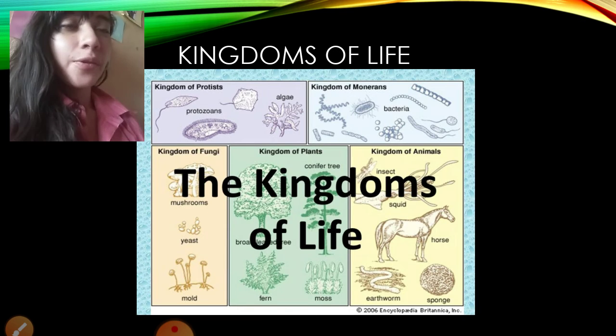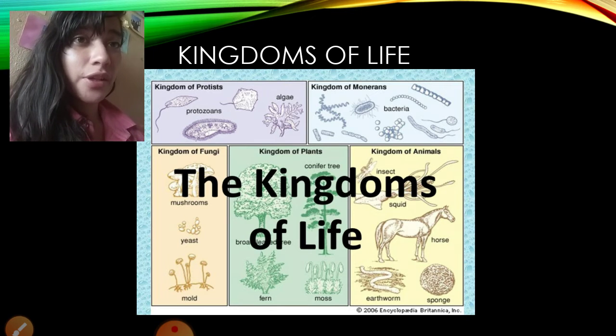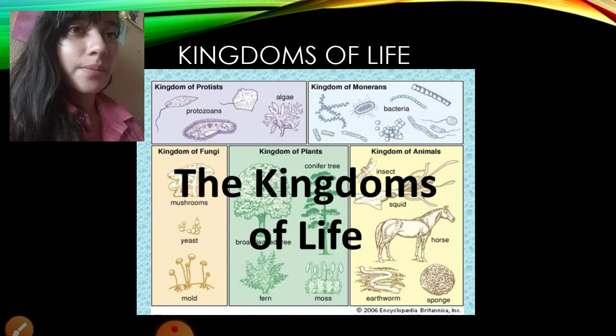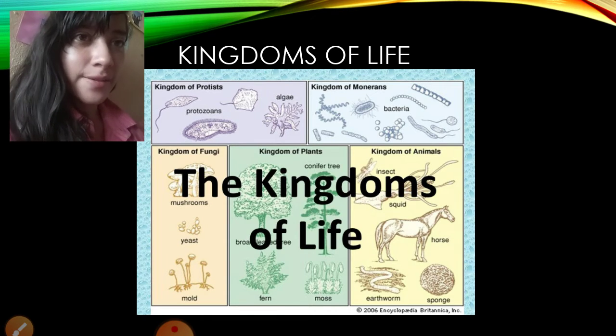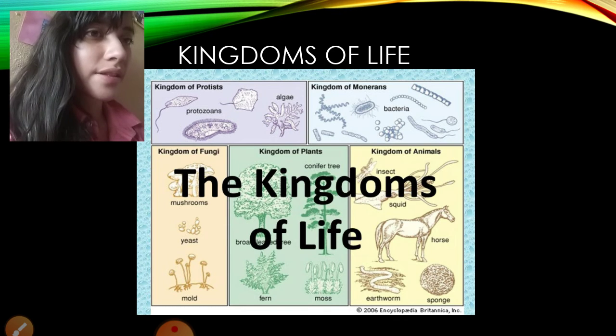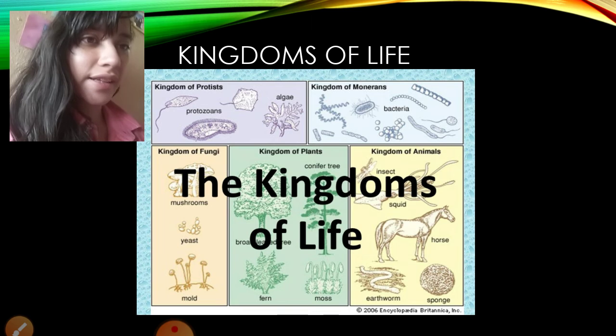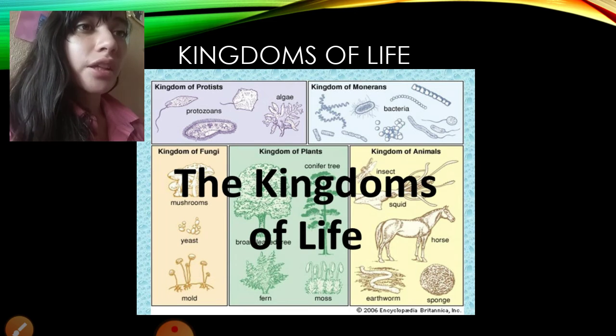Okay? We're going to learn about the kingdom of life. You can see many things in the pictures. For example, you can see trees, kingdom of plants. You can see animals like horse, insects, and sponge, that belong to the kingdom of animals.